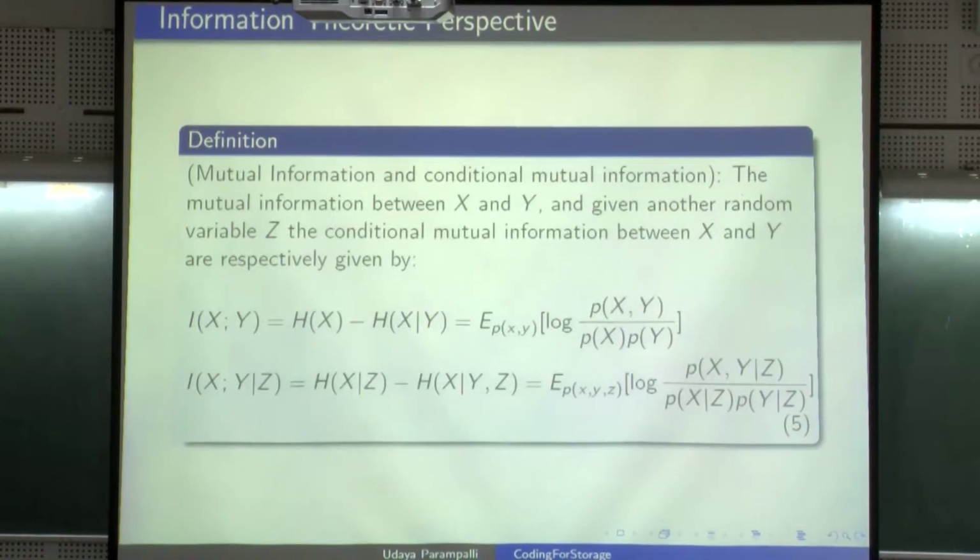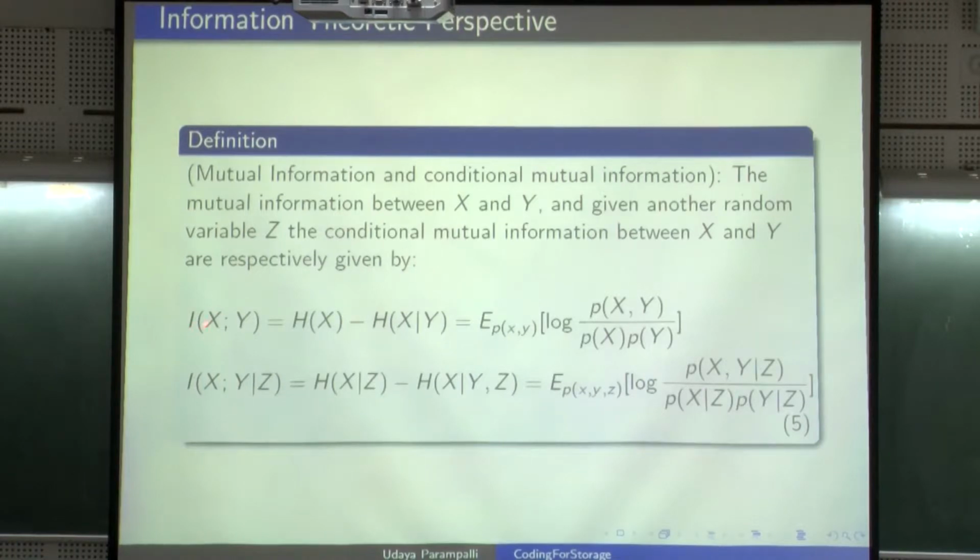Then another concept that we will use is mutual information, which is exactly what we did before. I am just covering them for the purpose of this lecture. So, mutual information and conditional mutual information. The mutual information between X and Y, and the conditional mutual information between X and Y given another random variable Z, are respectively given by these formulas.